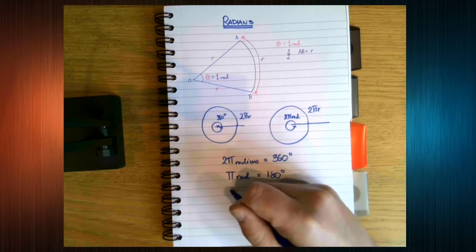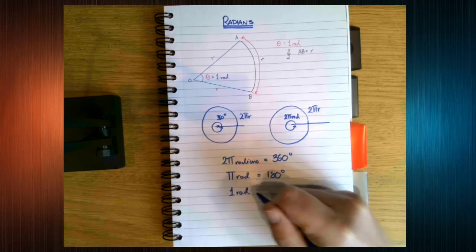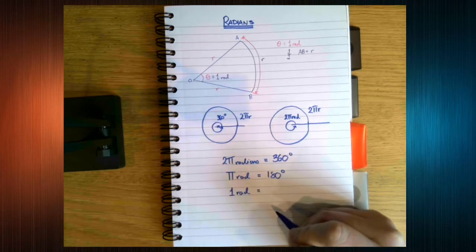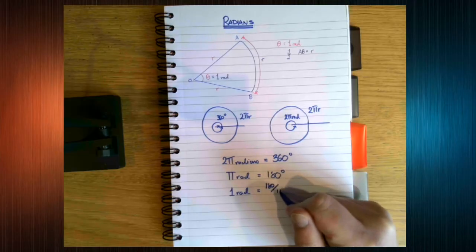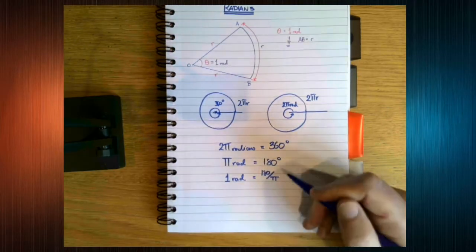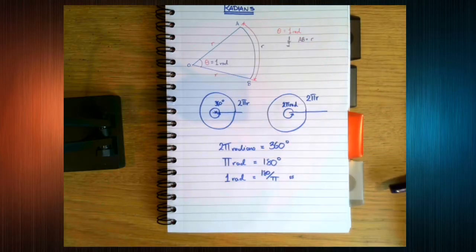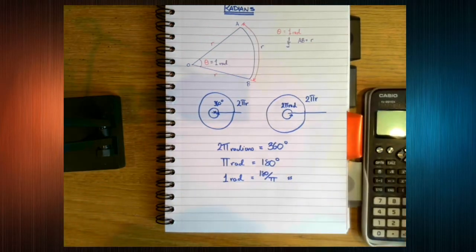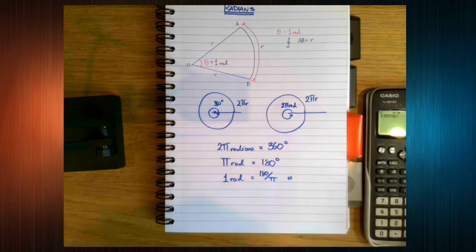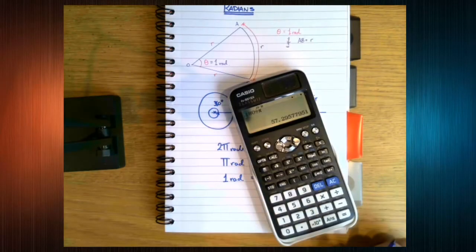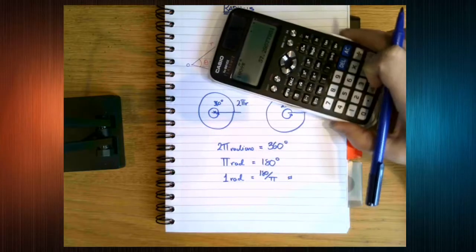So how much is 1 radian? Well, rearranging, we get 180 divided by pi, which is approximately, to 1 decimal place, 57.3 degrees.